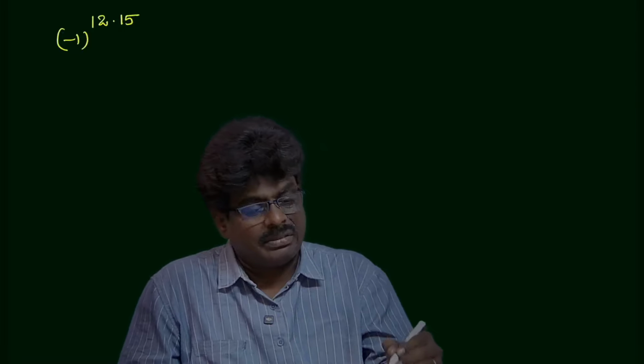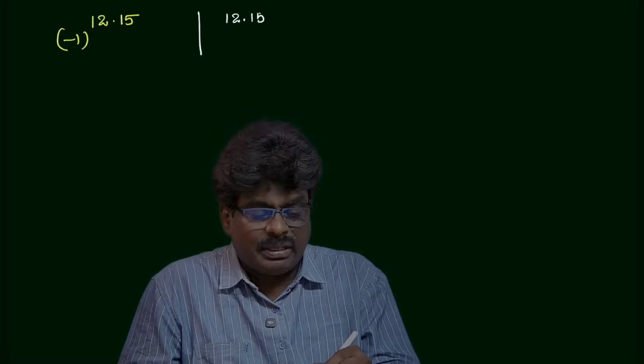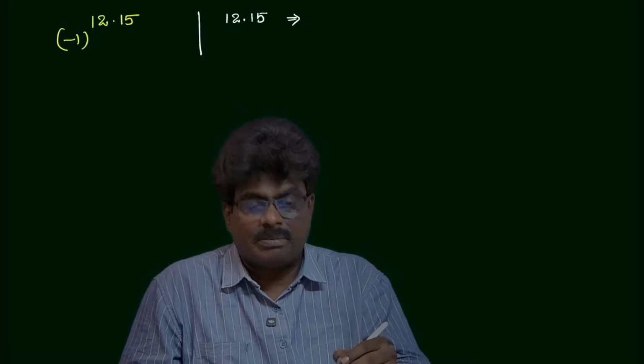For example, you have some big numbers, let us suppose minus 1 whole power 12.15. I have just written it in decimal notation. Okay, no need to get tension. So how to find this? Actually it is 12.15. So first let me write in the binary notation.